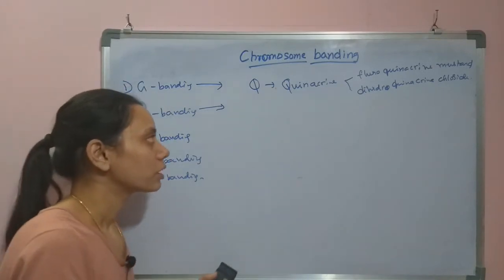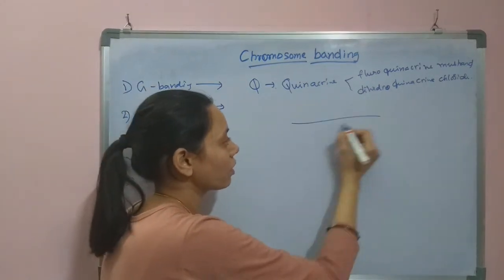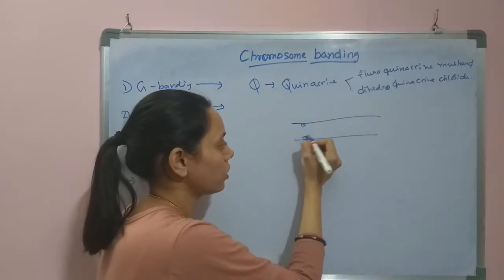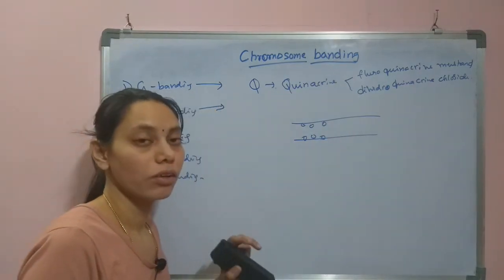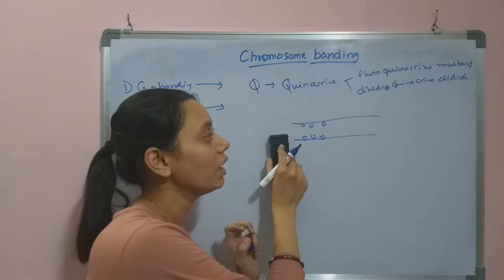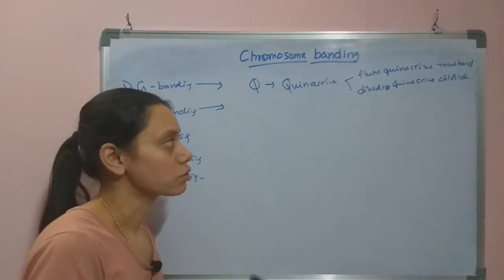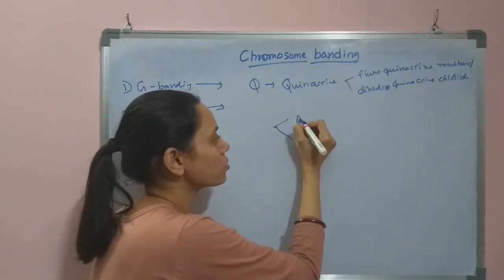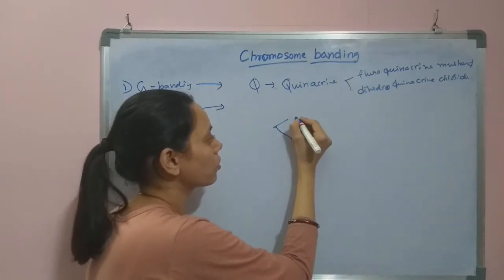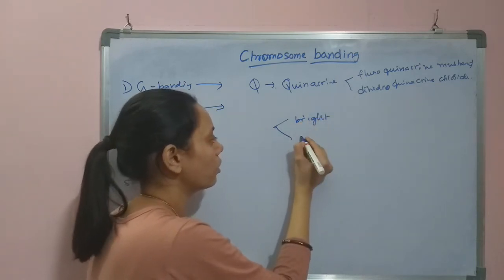Basically these dyes intercalate between the base pairs of the DNA. They bind between the AT regions much more than the GC regions. Based on that, they produce bright and dull bands.